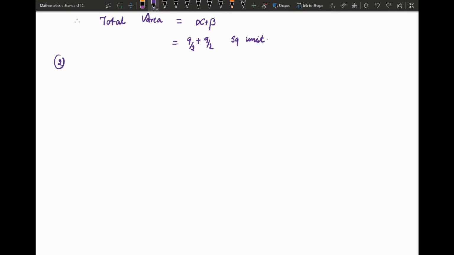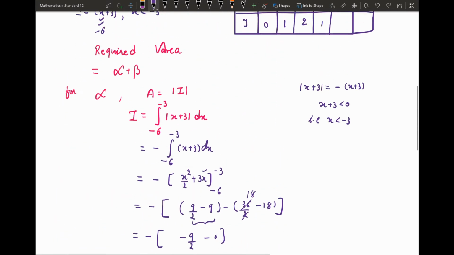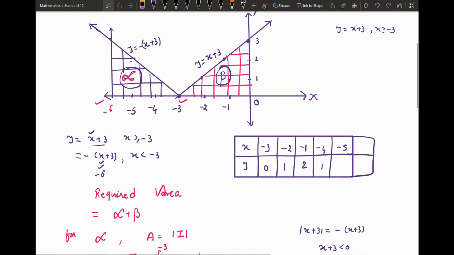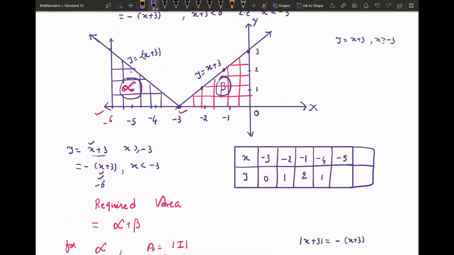Next example. So it is very simple. First we have discussed the graph of the modulus function y equal to mod x plus 3, and then we have obtained the area of portions alpha and beta. For alpha the limit is minus 6 to minus 3, and for beta the limit is minus 3 to 0.